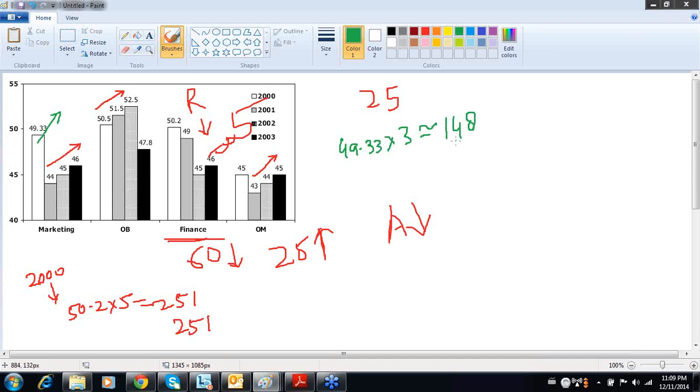The total age will be 148, as on April 1 for 2000.